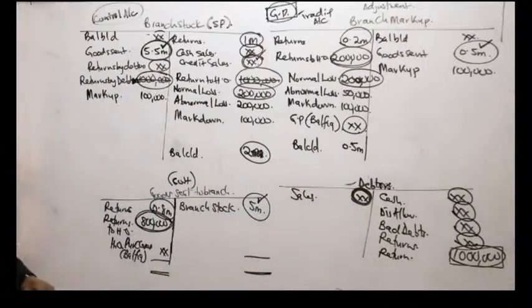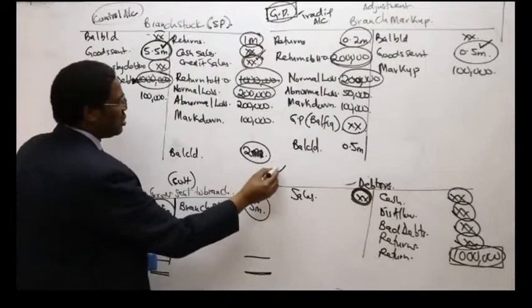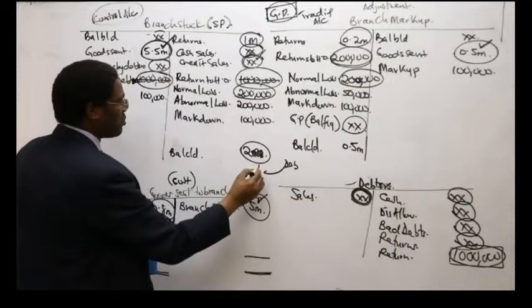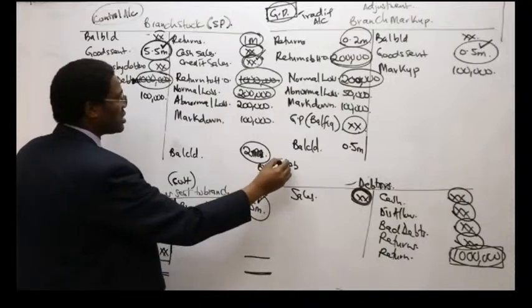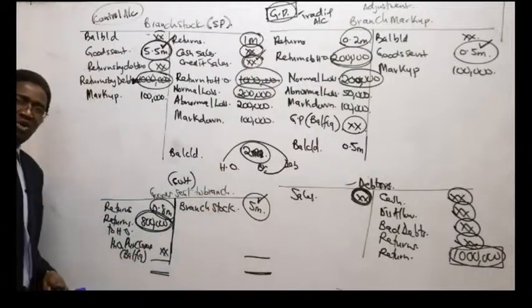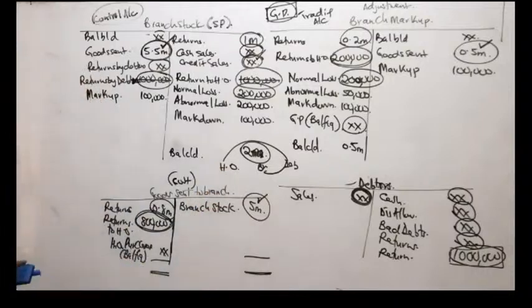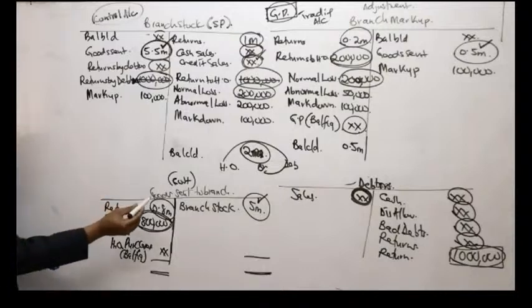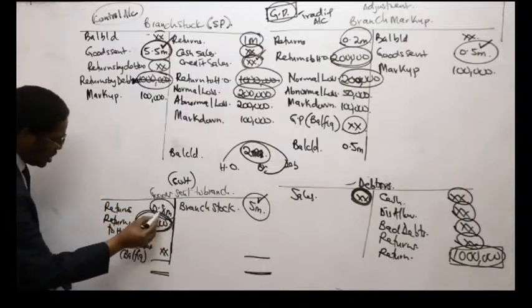The other one we say, what if the debtor does not return the goods to the branch, but instead he returns them direct to the head office? We saw there were two ways, but we looked at a shortcut approach, where we said you can record it once. And the one entry we said that you can use when a debtor returns goods to the head office is, we said you debit goods sent to branch at cost price.